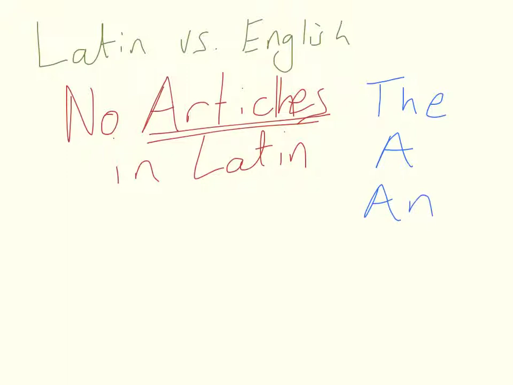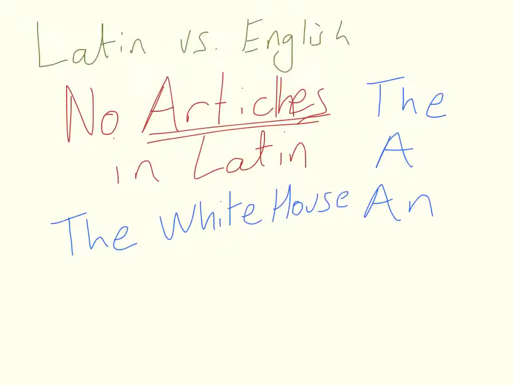They work with nouns to give us a level of specificity. For instance, we all know there's a difference between the White House, the specific White House where the president lives, versus a White House where perhaps some guy lives down the street. It's the article that's making that difference.